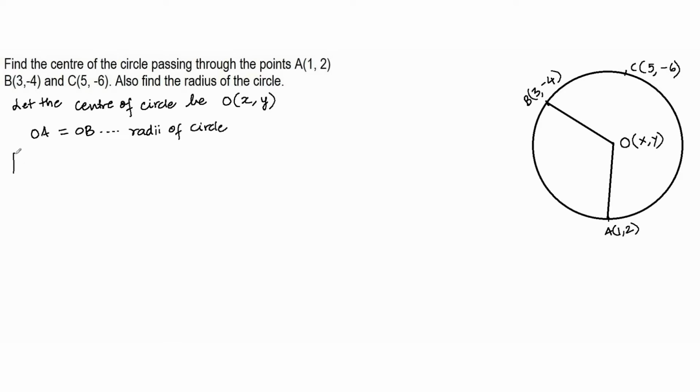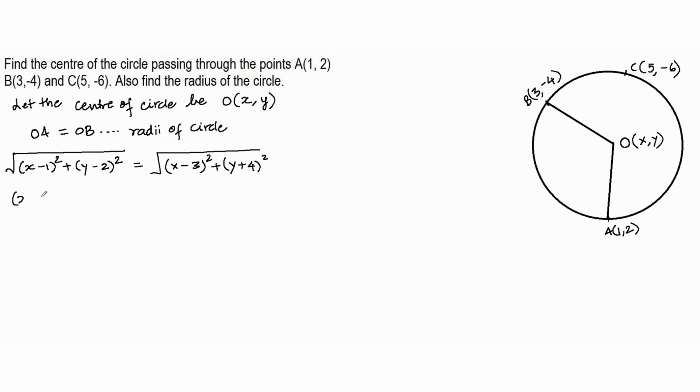OA is given by under root of x minus 1 the whole square plus y minus 2 the whole square, which is equal to OB. So OB is under root of x minus 3 the whole square plus y plus 4 the whole square, because it's y minus of minus 4.